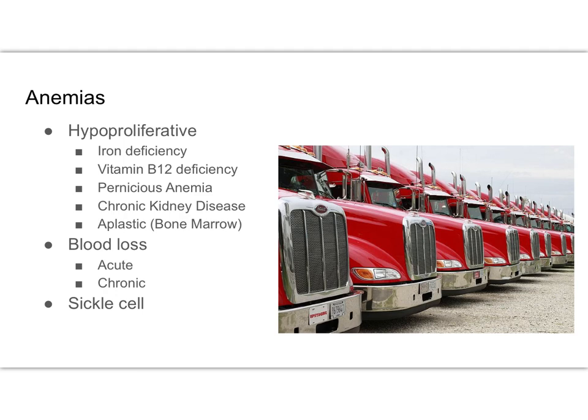B12 is another building block that's really key. Chronic kidney disease, we talked about that. Why is that going to cause fewer red blood cells? Decreased epoetin. And then aplastic, we're talking about there's an issue with the bone marrow itself. Okay.